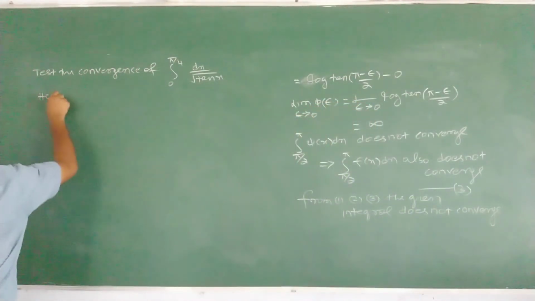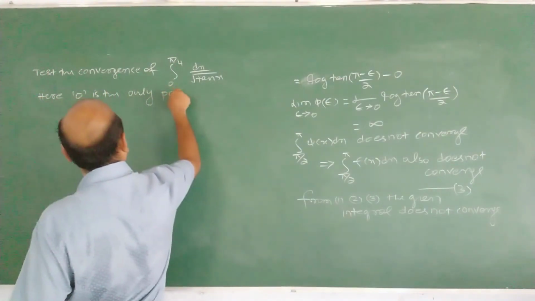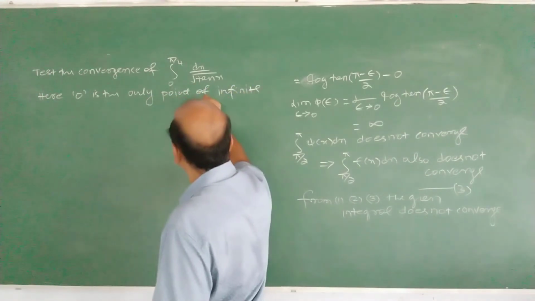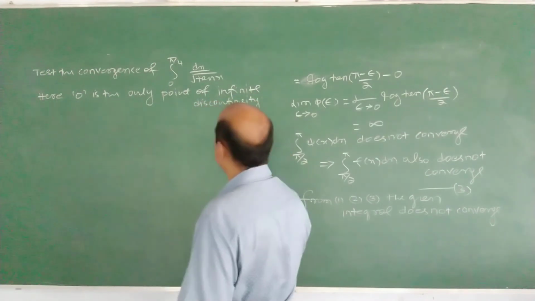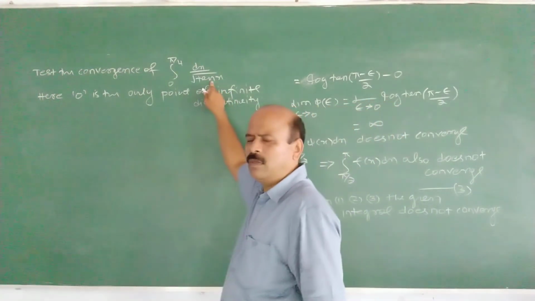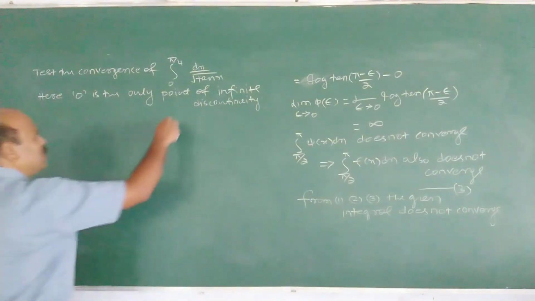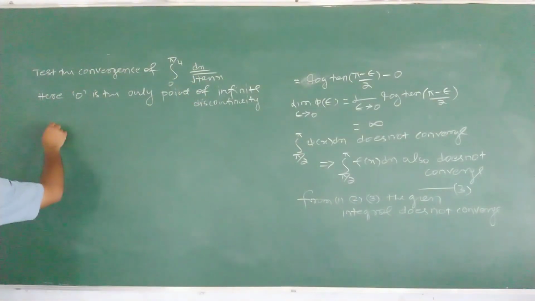Here 0 is the only point of infinite discontinuity, because when x is 0, it becomes tan 0, which is 0, so the function becomes unbounded. Therefore, we consider the integral from 0 to pi by 4.